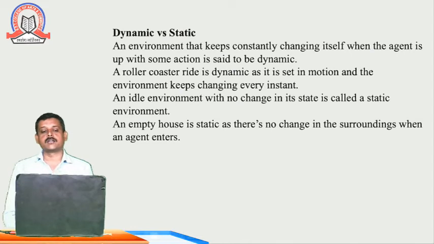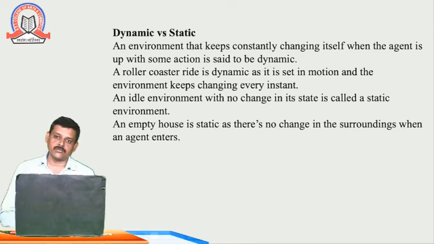Next, that is dynamic versus static environment. An environment that keeps constantly changing when an agent is acting with some action is said to be dynamic. For example, a roller coaster ride is dynamic as it is set in motion and the environment keeps changing every instant.